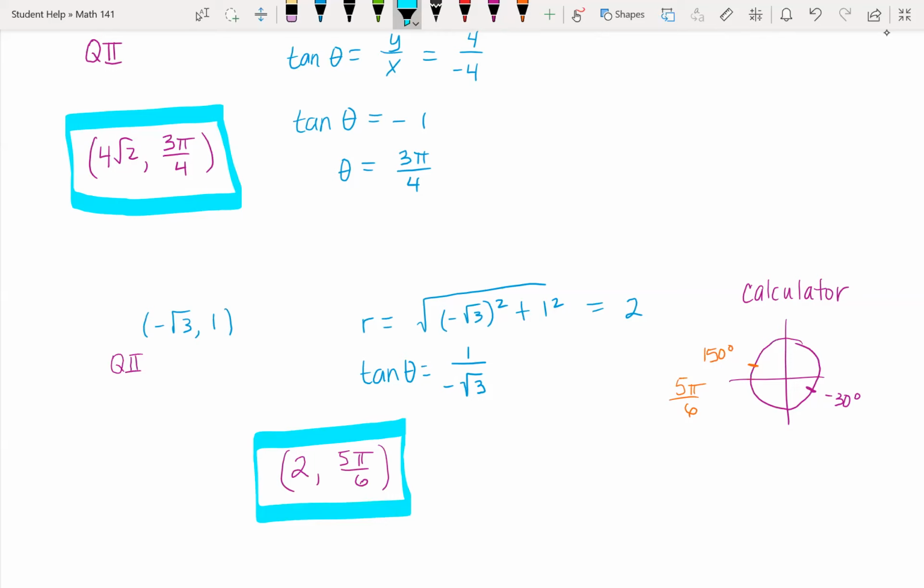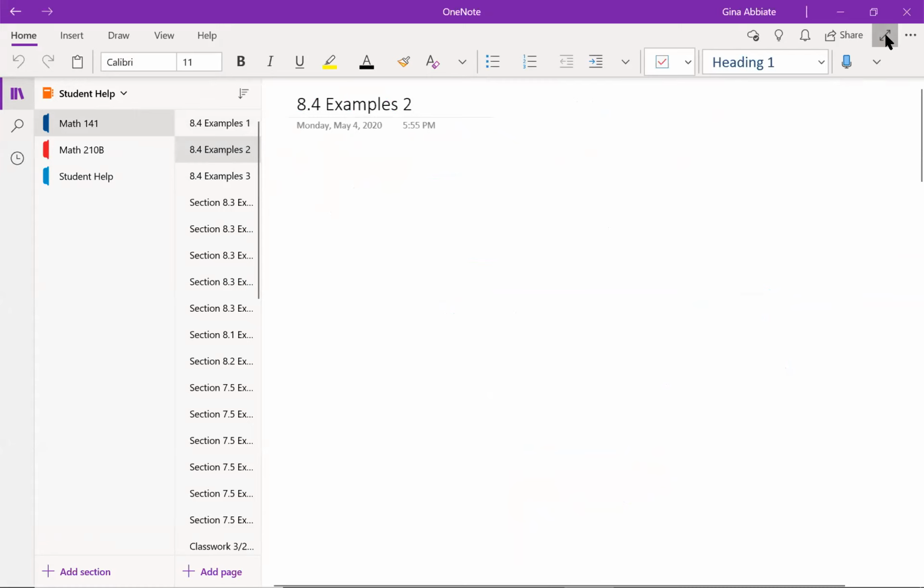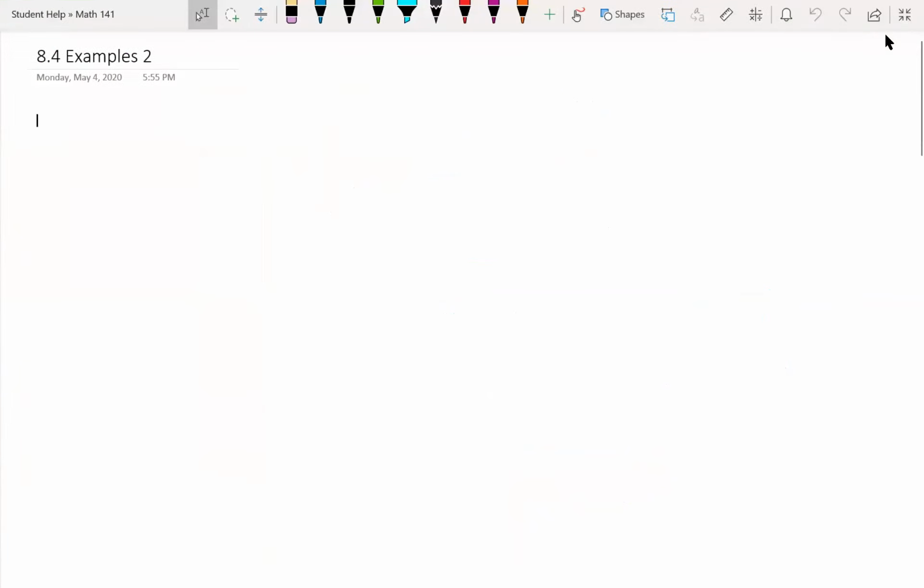All right, for the next set of examples, we are going to convert polar equations, and then we're going to convert into rectangular equations.